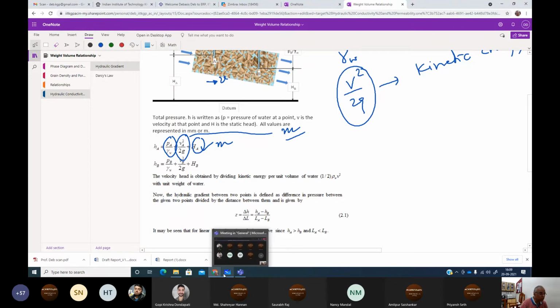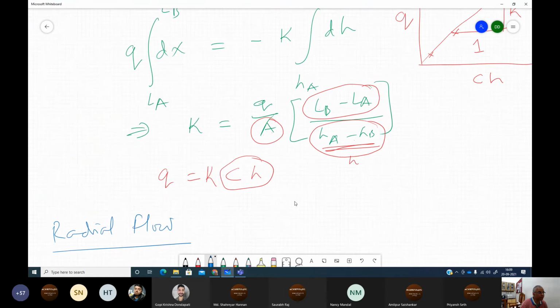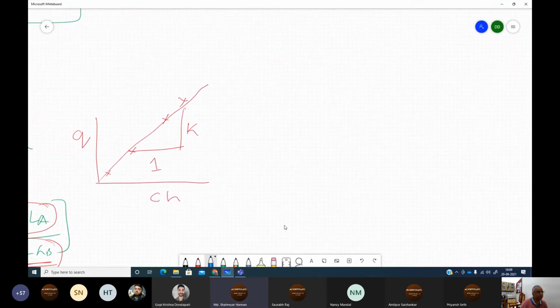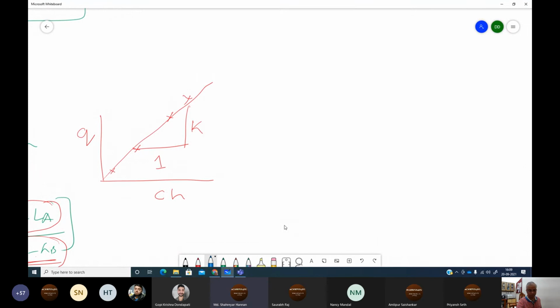Let me try to draw it for you. Sir, if HB minus HA is varying, then how can LB minus LA be constant? I'm telling you because you have not seen. Let me draw it. It's a very simple experiment.